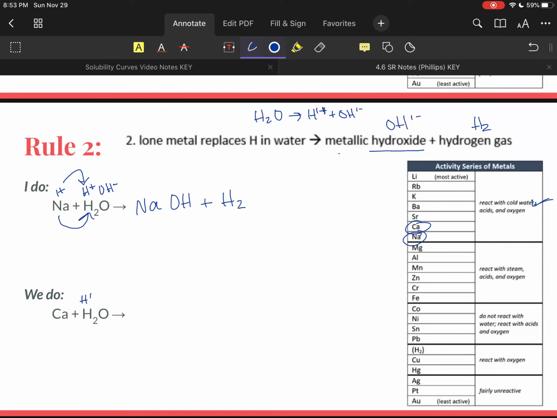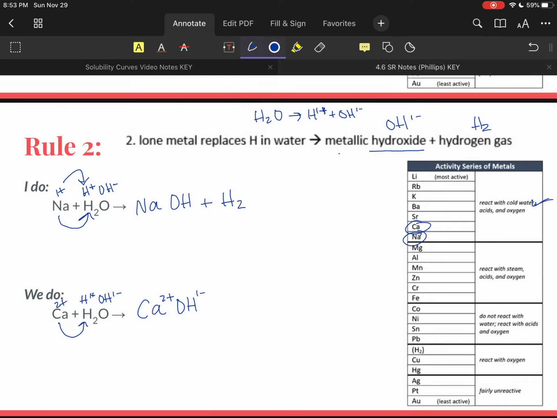I can think of this like H1 plus, OH1 minus. Calcium has a 2 plus charge because I looked at the periodic table charge sheet. I'm replacing the positive hydrogen, so I'm left with calcium 2 plus is now bonded with OH 1 minus.